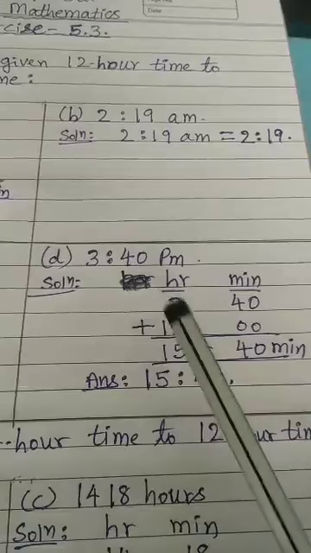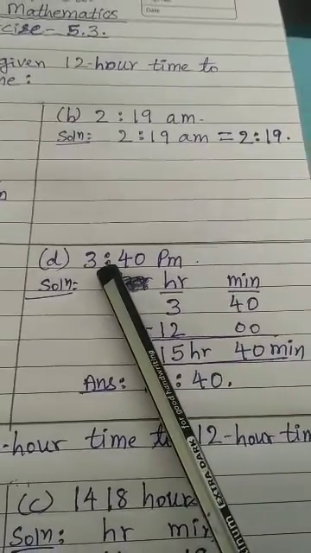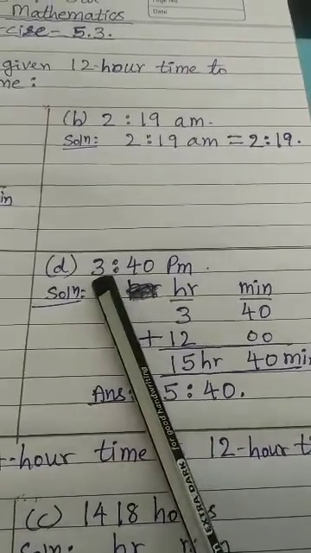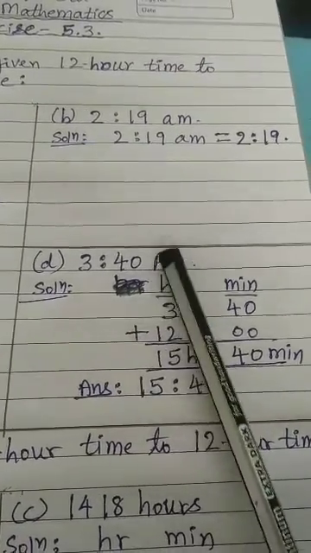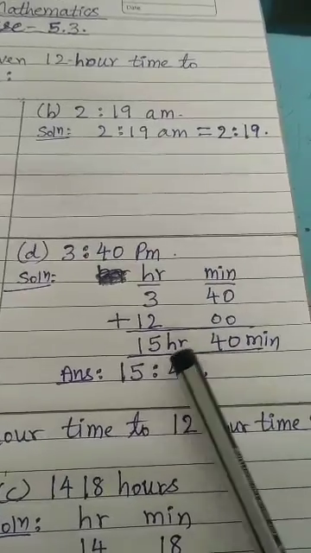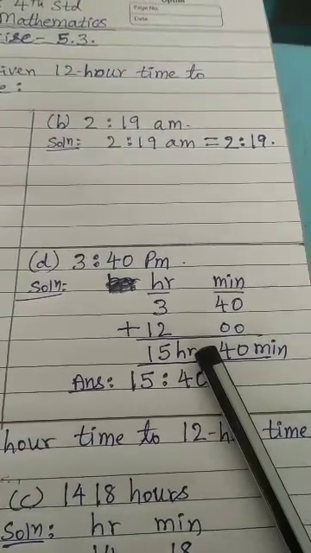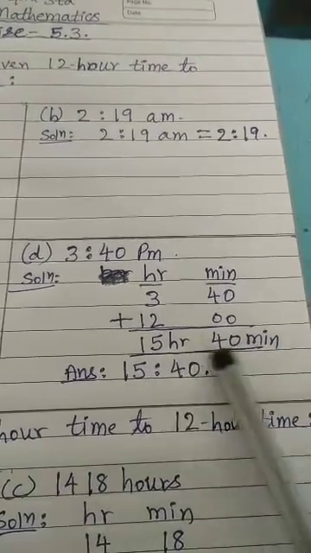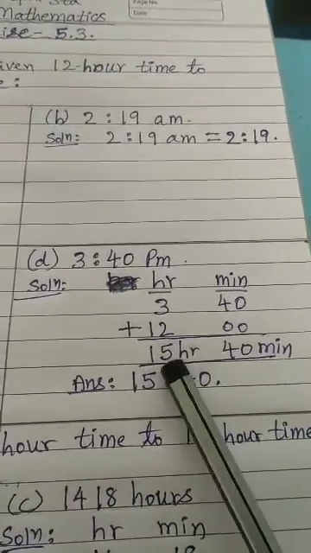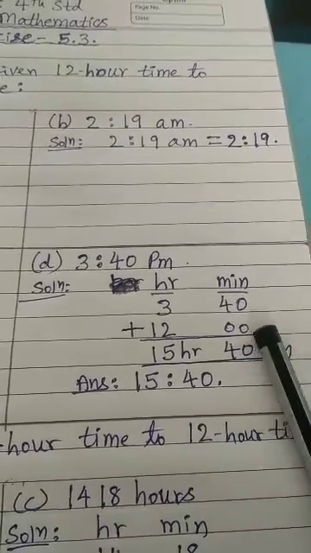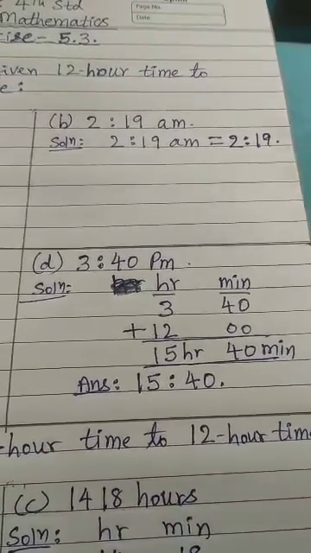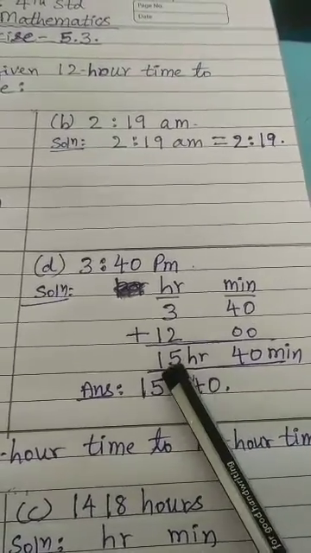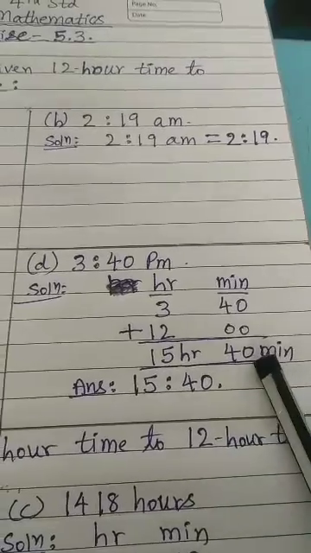Both are the same. But this is what we use daily, in our daily life. 3:40 p.m. Like this we read time. But 24-hour time, when you go to the railway station, you see such timings written on the wall. 15 hours 40 minutes means what?